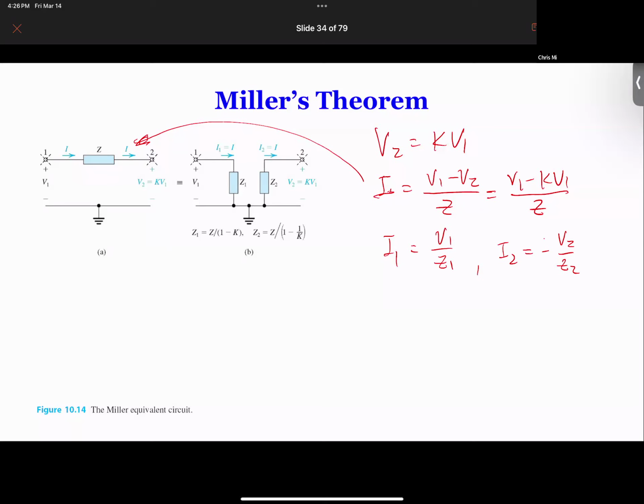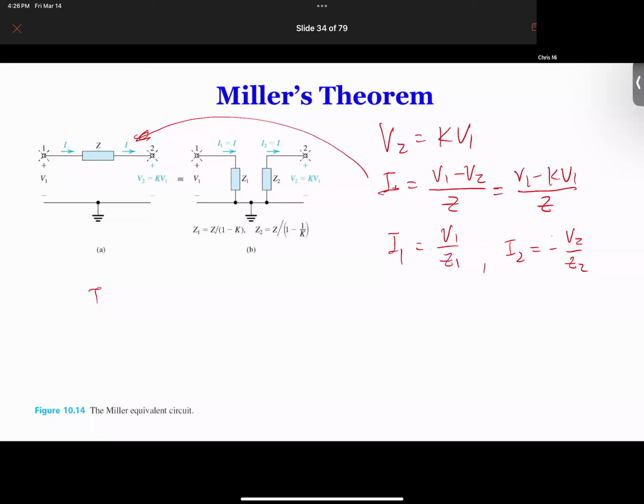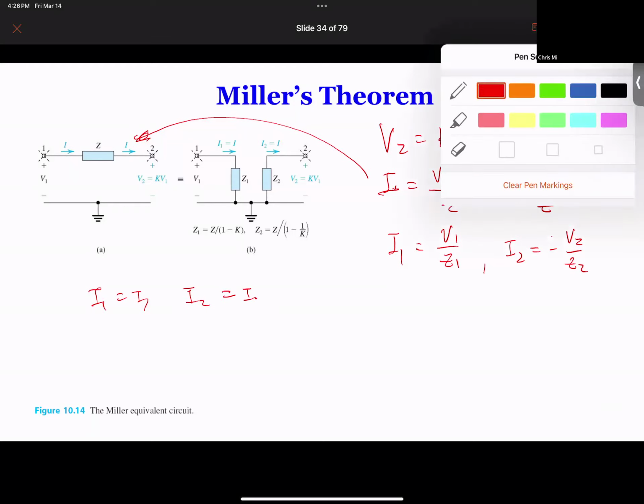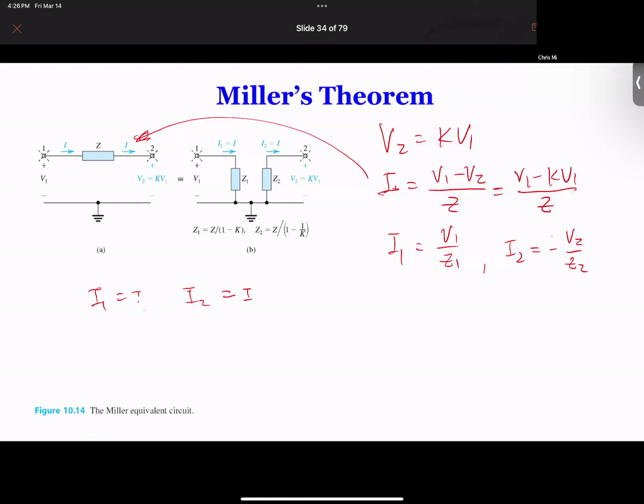Now we want to keep the currents the same, which means we want I1 equal to I and I2 also equal to I. We want to keep them the same. So we have V1 minus K times V1, divided by Z, equal to V1 over Z1.